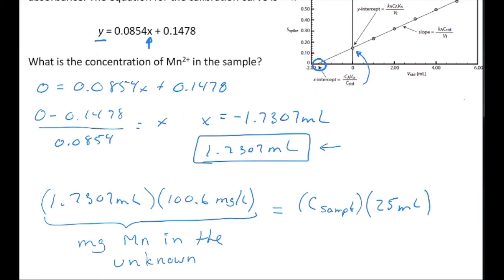Because in the question it said that 25 milliliters of the manganese unknown was used, and that volume was diluted to 50. But we don't care about what the concentration was in the 50 milliliter solution, because that's our dilution. We want to know how much is in the 25 milliliter solution, which would be the original sample. So the concentration of manganese in the original unknown sample. So again, this is just the volume of the unknown.